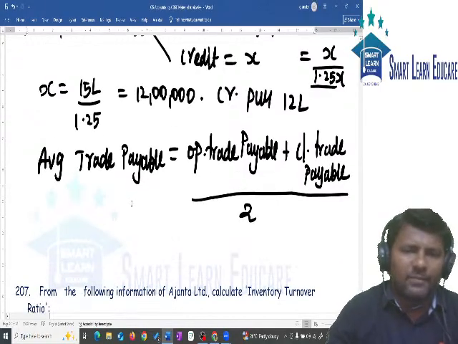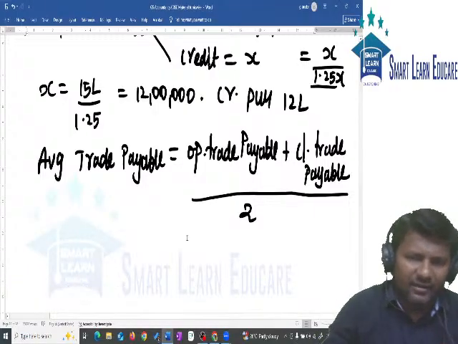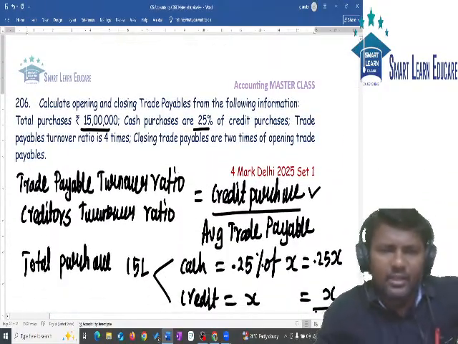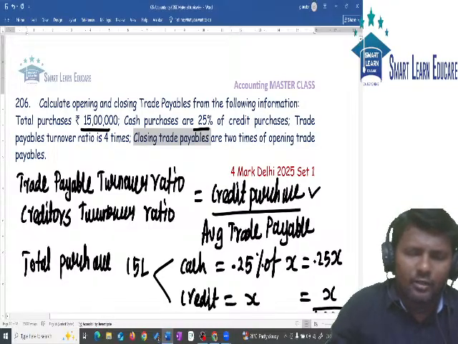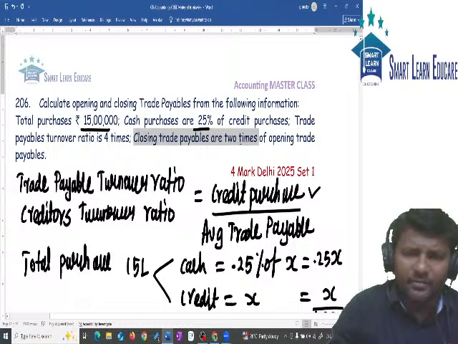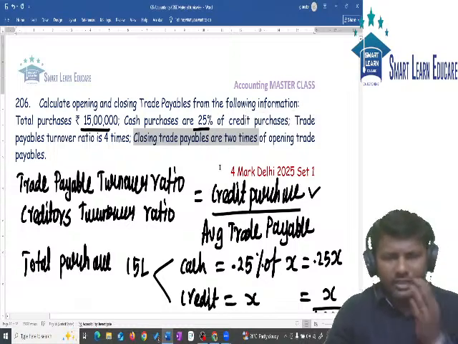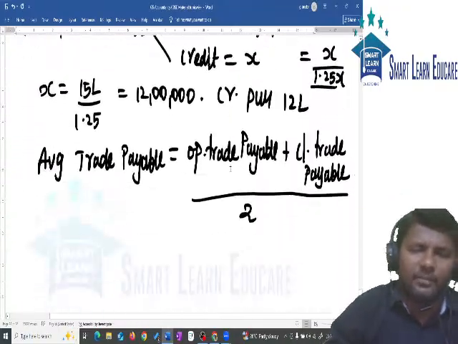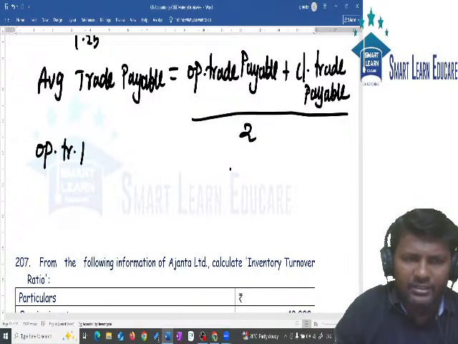Is any information given for average trade payable? Yes, it is given. Closing trade payable is 2 times of opening trade payable. Suppose opening trade payable is Y.